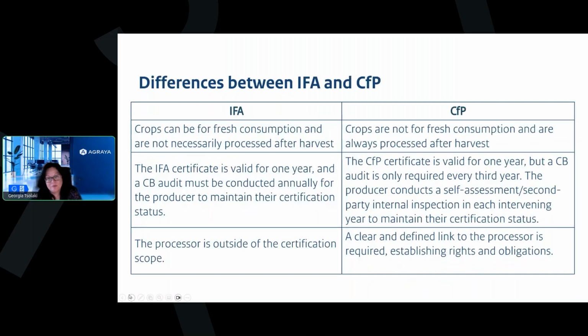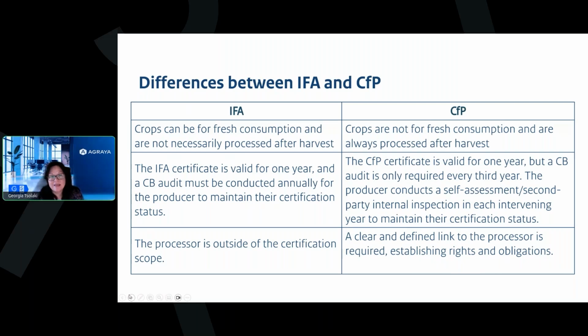The main difference between the two solutions that GLOBALG.A.P. offers for producers producing combinable crops, as we call them, grain, pulses, whatever, fodder, is that IFA is a solution for products coming from production processes that at the end will not necessarily be processed after the harvest.